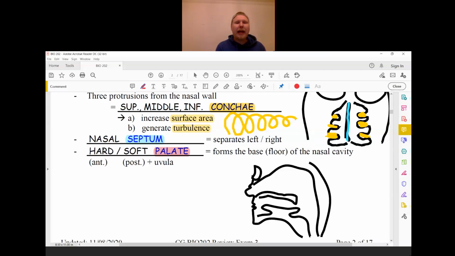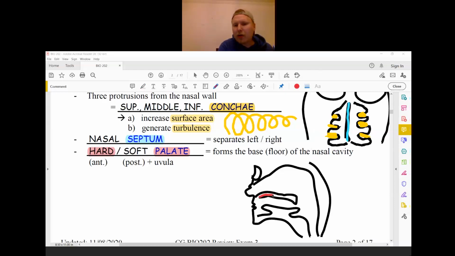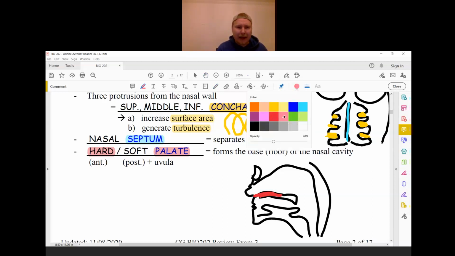two parts. More anteriorly, the hard palate. It's called the hard palate because there is actually a bony structure within here. And then more posteriorly, we have the soft palate.